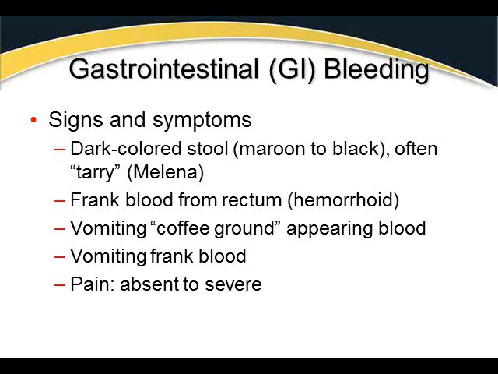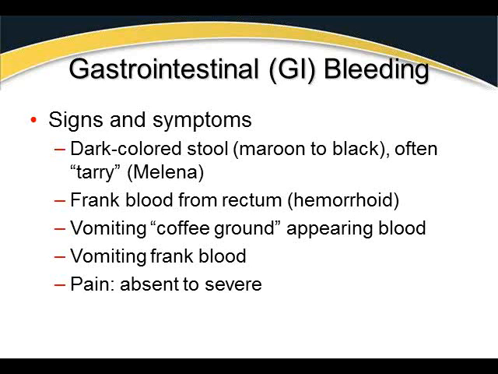And very, very common. So if you hear them even speak of that, or you see that, you should be very strongly suspicious. Vomiting of frank blood, again, they're vomiting bright red frank blood. That usually means it's fresh and it's just right close to the entrance in this case.